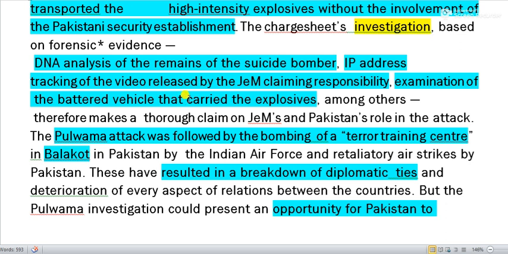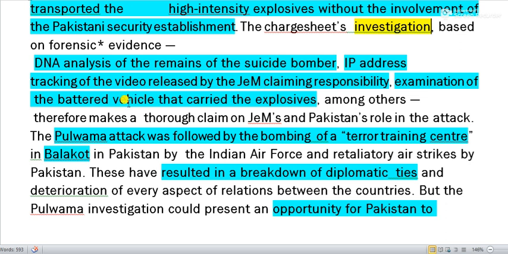The vehicle that collided with the bus was battered due to the explosion, and that battered vehicle was examined by the National Investigation Agency, among others. There were so many other things also that they investigated, but they were not as important as at least these three.